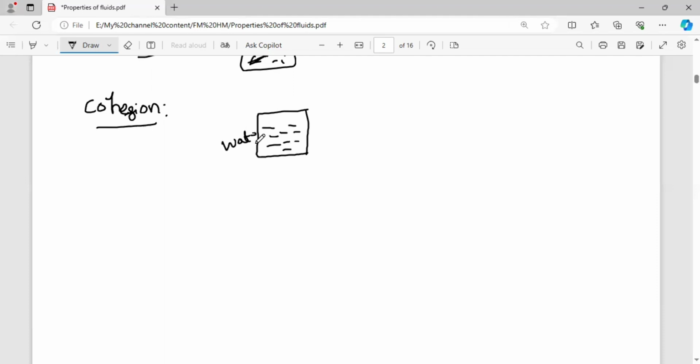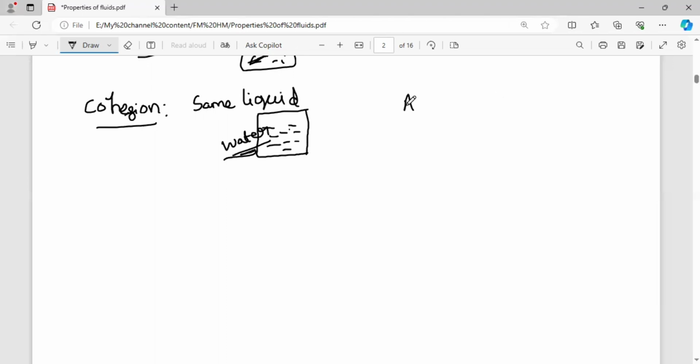It is only one type of liquid, and these are the molecules. The force of attraction between the molecules of the same liquid is called cohesion.